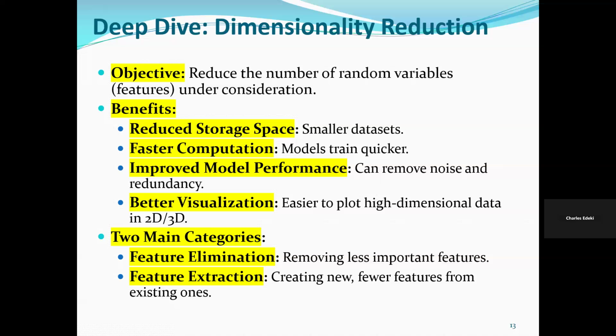So let's see the benefits. The first is the curse of dimensionality. With high dimensions, we have problems. So this is curse of dimensionality mitigation, as many algorithms perform poorly with high dimensions. It also improves model performance and can remove noise and redundancy.